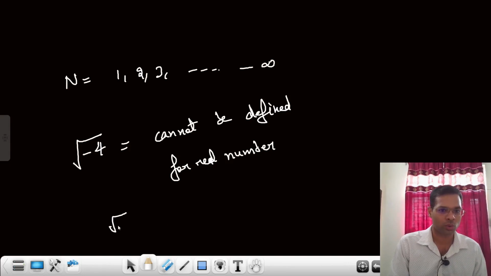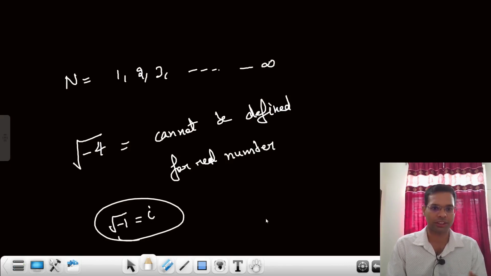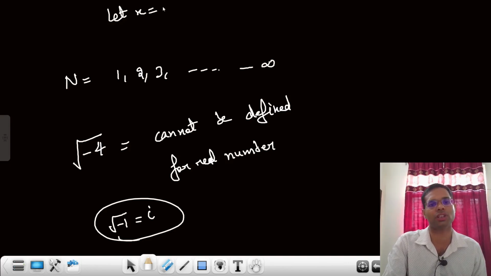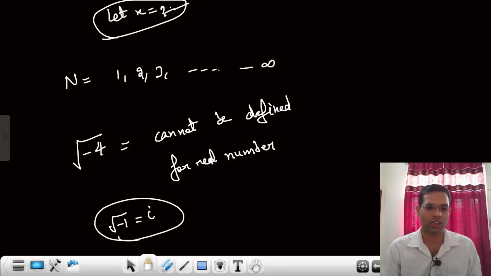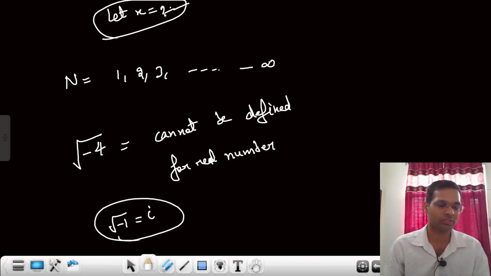They say that root minus 1 is equal to i. Like sometimes before solving a question, we say let x is equal to 2. Because we cannot define root minus 1, we just assume another variable and use it again and again so that we don't have to write root of minus 1 each time. I hope that is clear.